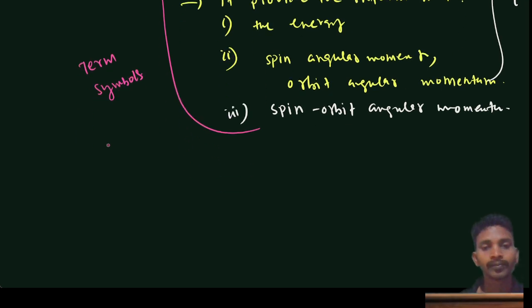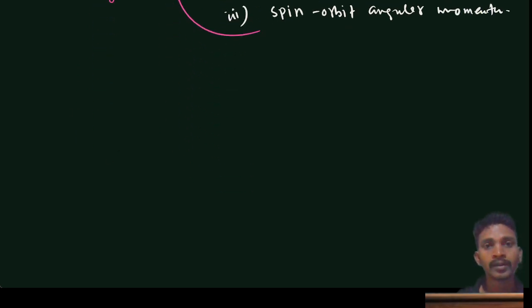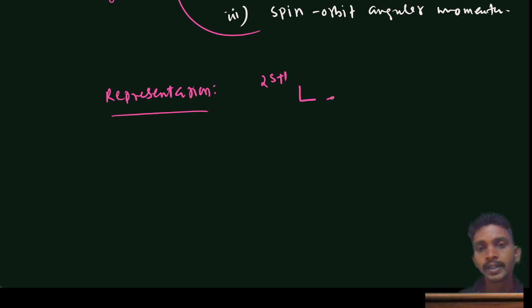This is how we express the representation: L, then the multiplicity, then J will come.